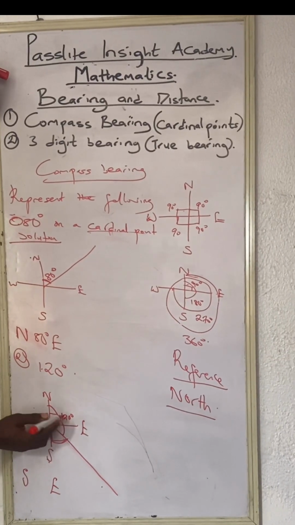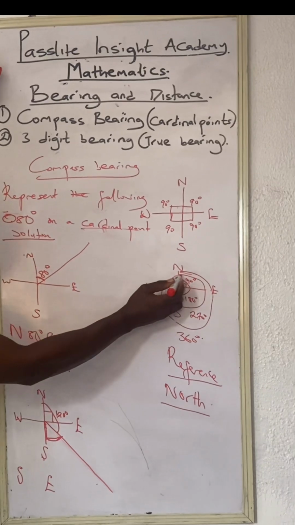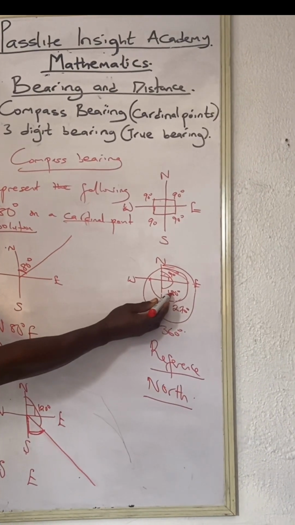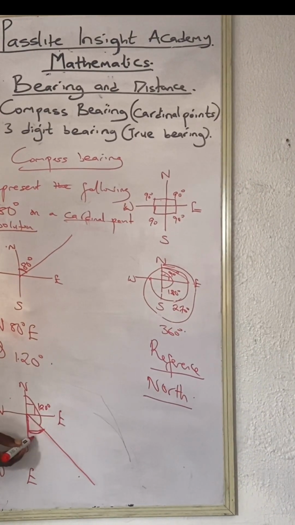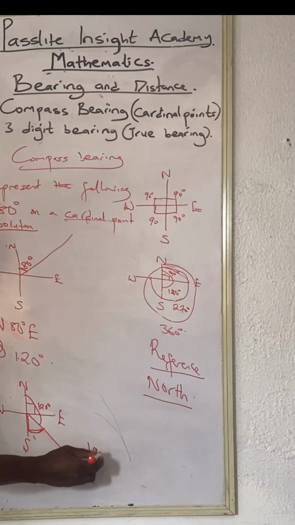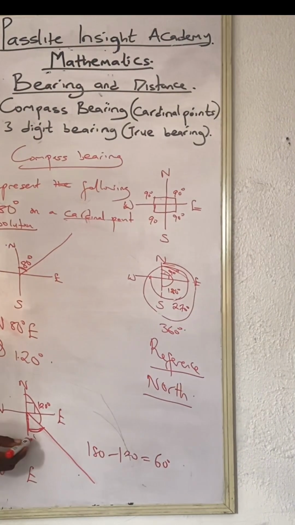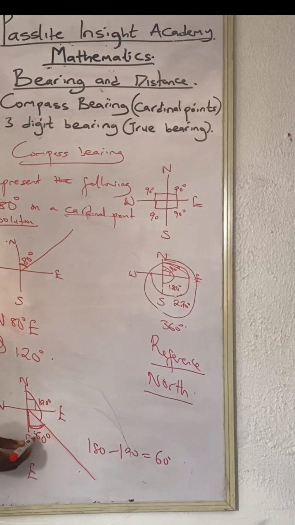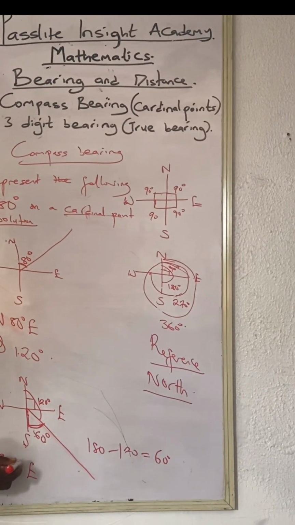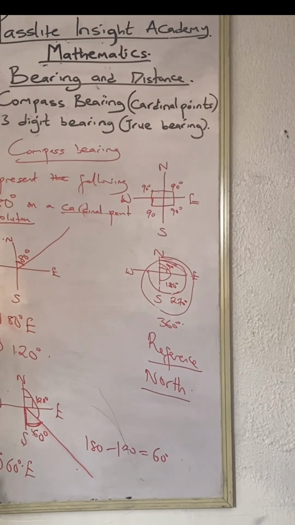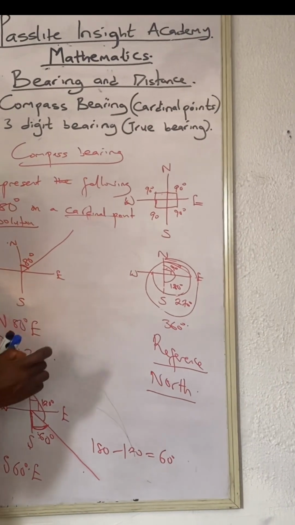If here is 120, from the total I told you, from here to here is 180. So if you want to get this particular angle, 180 minus 120 is 60. So the one closer to your south is 60 degrees. So that is 60 degrees southeast. Also, we also have something like this.